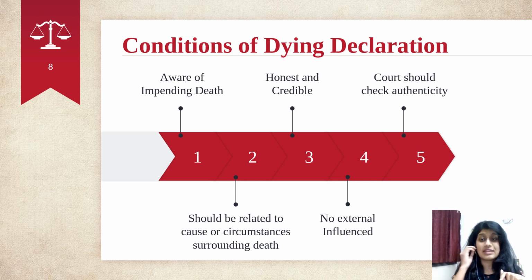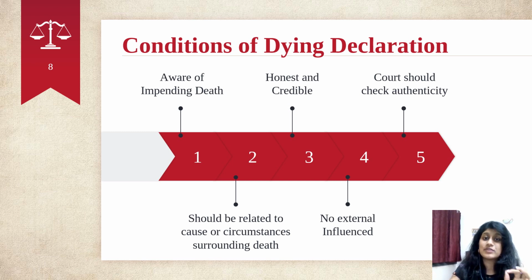And it is the fifth and final point, the court has to check the authenticity of the statement. So this means that the court has to ensure that the statement is honest, it is credible, and that there has been no external influence, right? So if, say, for example, it is not proved by the party giving it that there are no suspicious circumstances surrounding the declaration, then the court may decide that the dying declaration is not credible, because the benefit of the doubt must still be given to the accused, right?